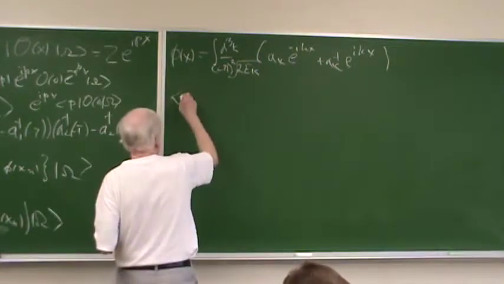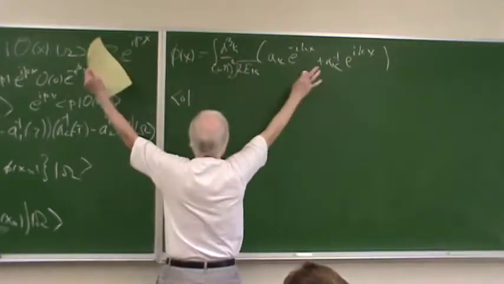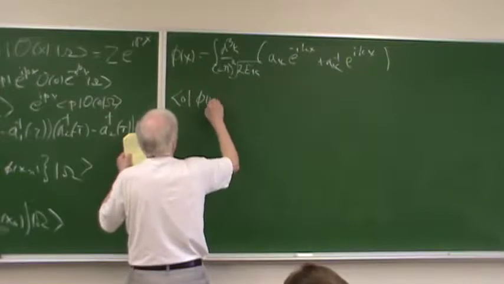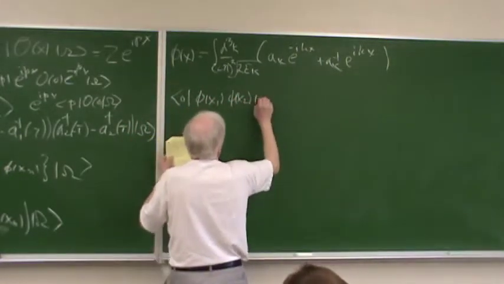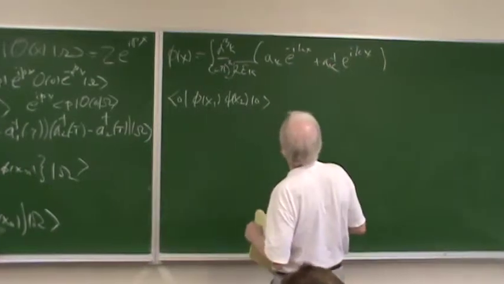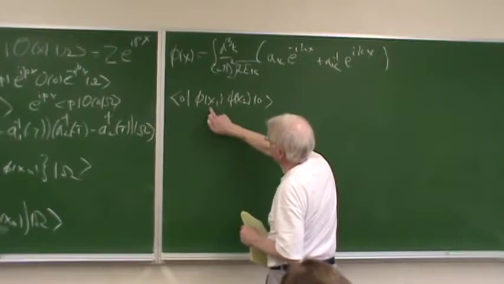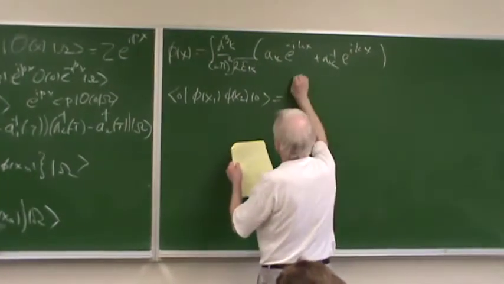So let's consider vacuum, and we're thinking of this now as a free field, so we use the ordinary vacuum. Phi of x1, phi of x2, ordinary vacuum. Well, what happens? The first one only contributes an annihilation operator, the second one only contributes a creation operator.